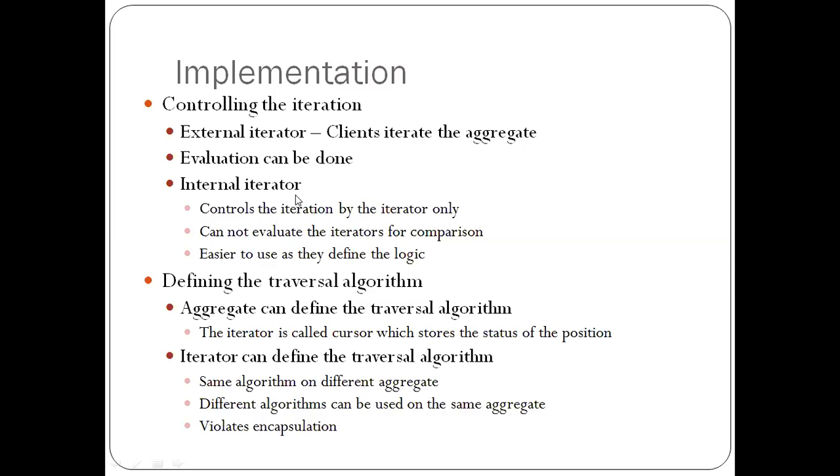But if we want the iterator itself to control, then we have an internal iterator, where it will decide which will be the next element and the is done check after completion of accessing. Everything will be controlled by the iterator operation only, and the application or the client will just access that operation.